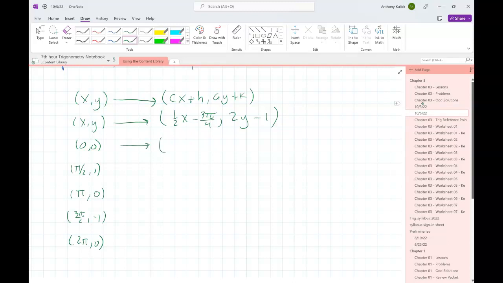So now to transform this, I'm just going to be plugging the x coordinate into the spot for the x's and the y coordinate into the spot for the y's. 1/2 times 0 is 0. 0 minus 3 pi over 4 is negative 3 pi over 4. 2 times 0 is 0. 0 minus 1 is negative 1. And I'm just going to kind of keep doing that.